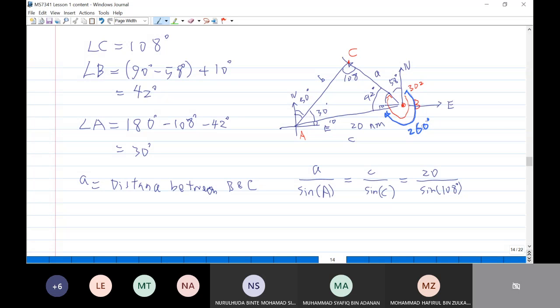Okay, this is called the sine law. That means that a over sine 30 degrees is equal to 20 over sine 108.